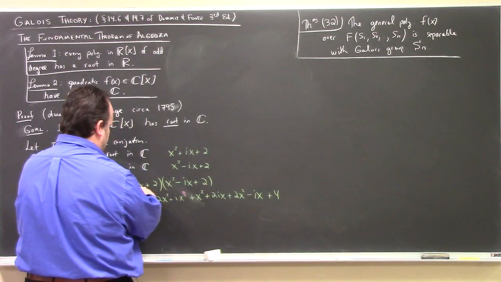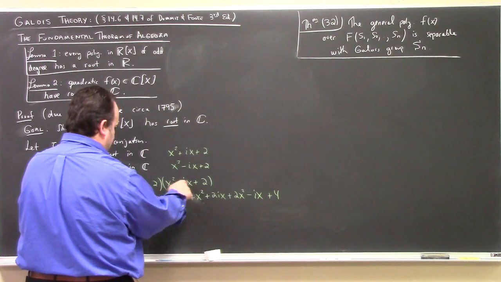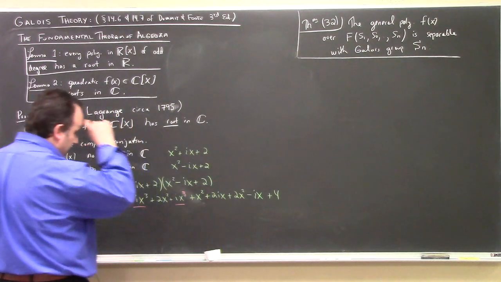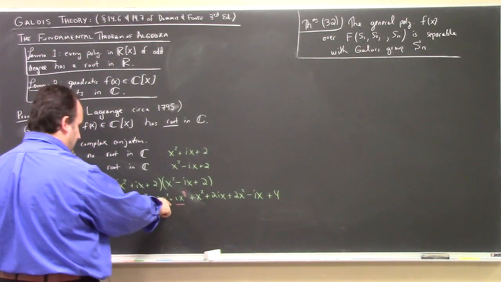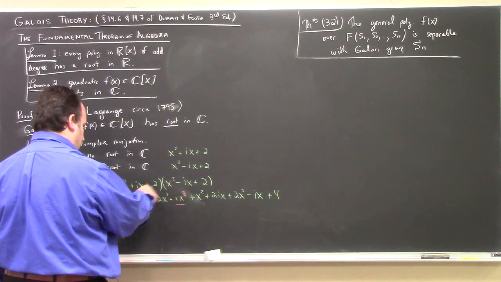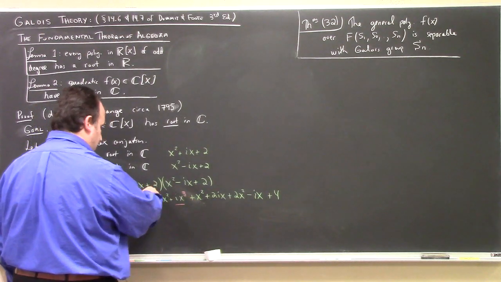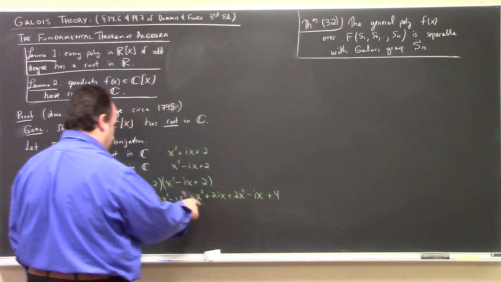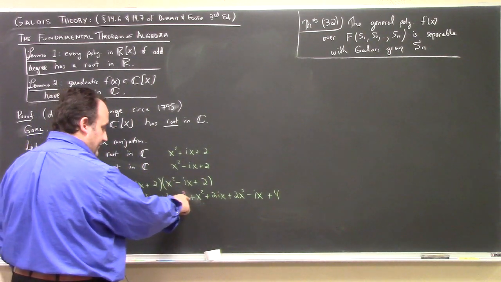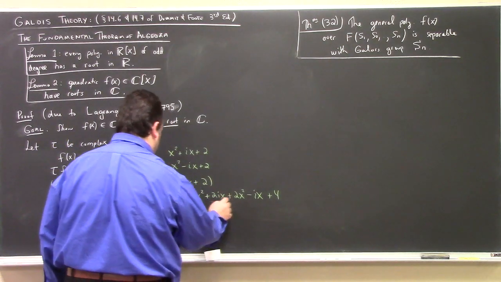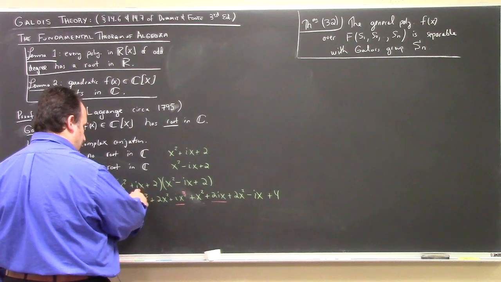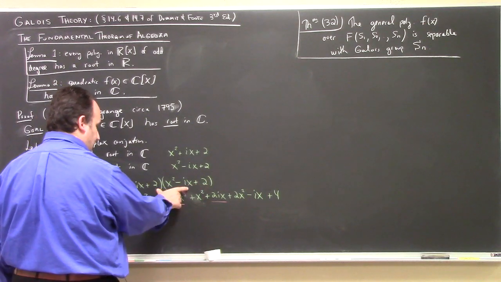That gives me the cubed term. And we've got a 2ix here that came from this times 2, but I should also have another.